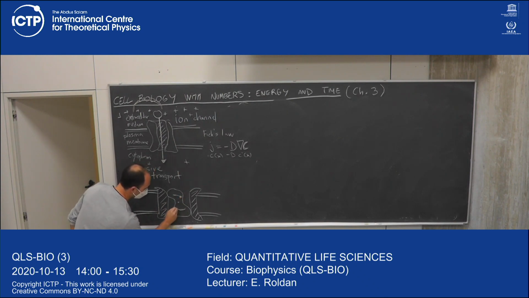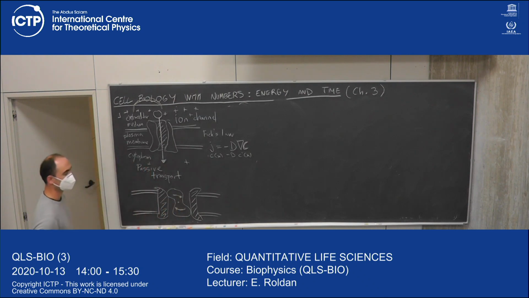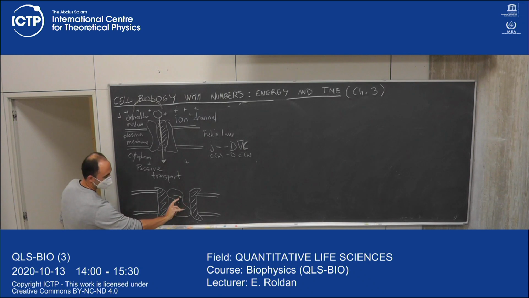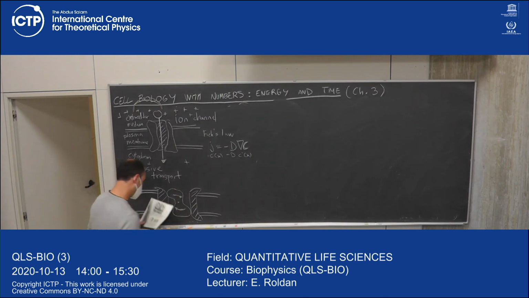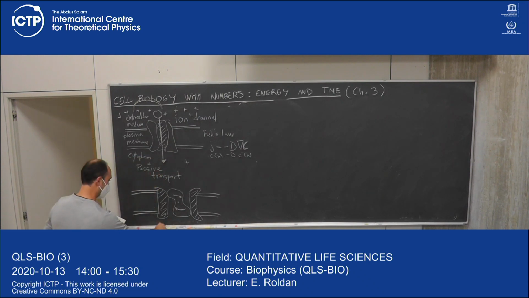This could be rotating due to ATP consumption. So an ion can come here, then it rotates and passes, and this could be selective to the passage of different ions.